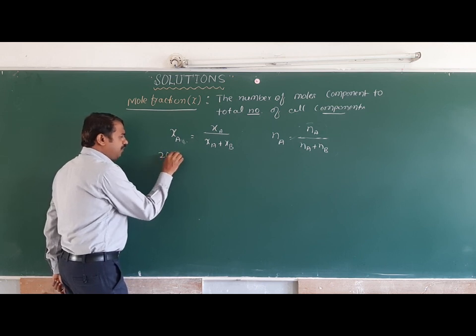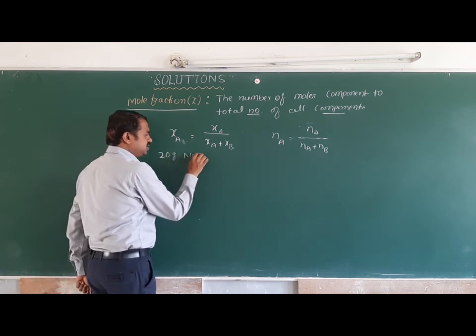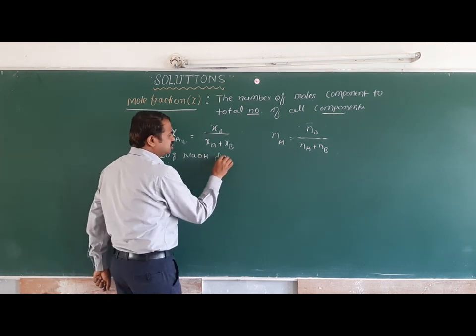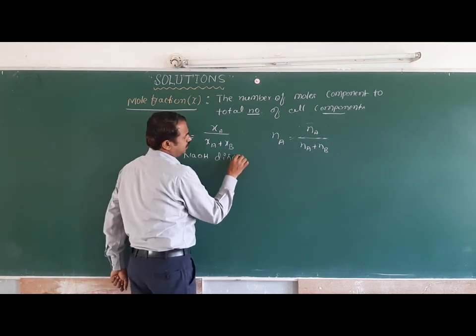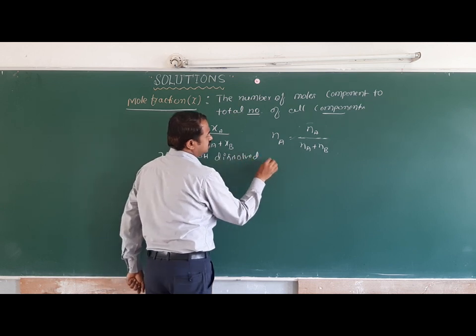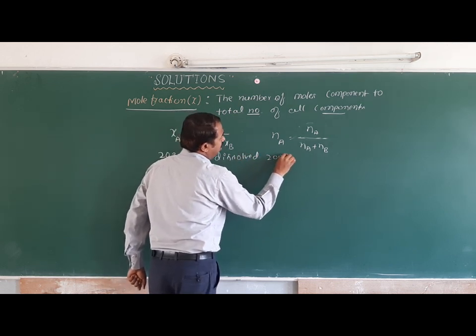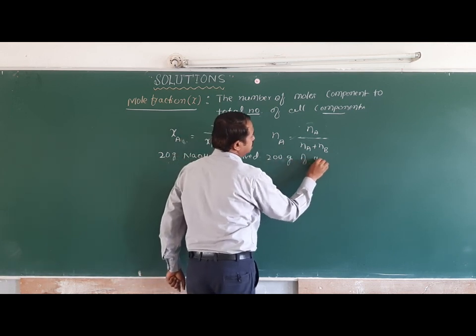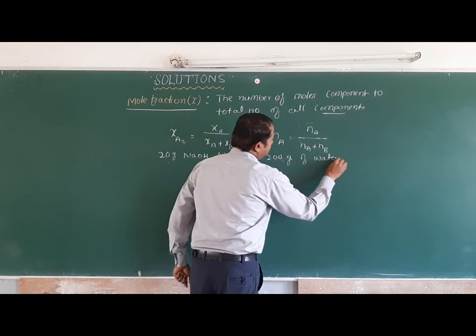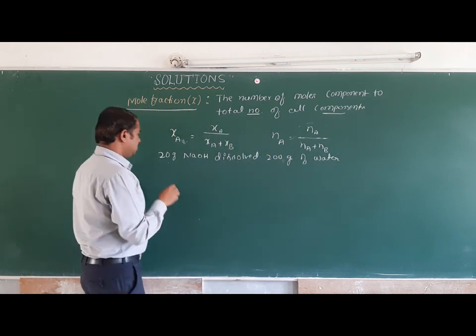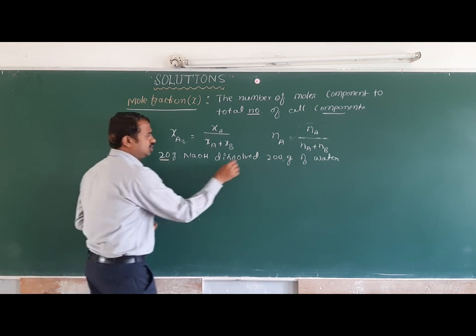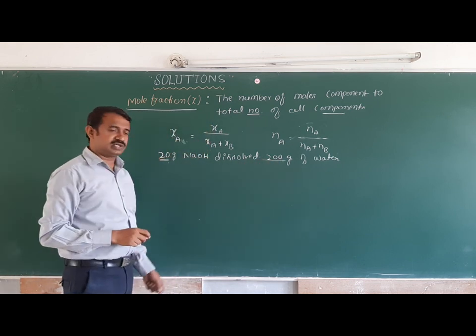20 gram of sodium hydroxide is dissolved in 200 ml of water, or 200 gram of water. Here the smaller component is the solute and the larger component is the solvent.